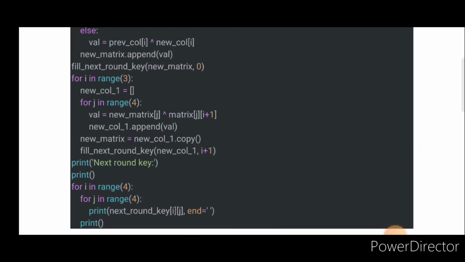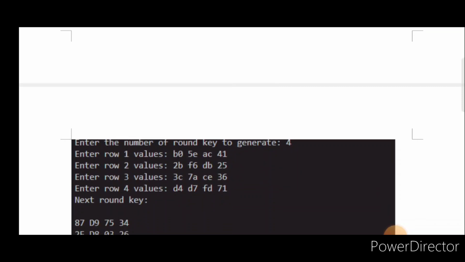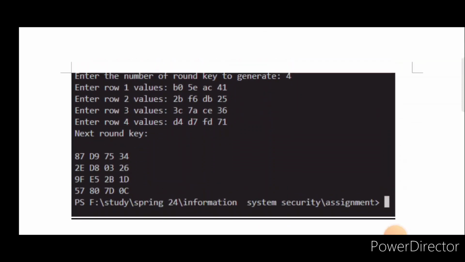And the generated round keys are printed out and ready to be used in the AES encryption process. And this is the output of the code.